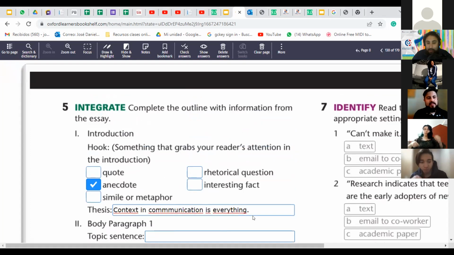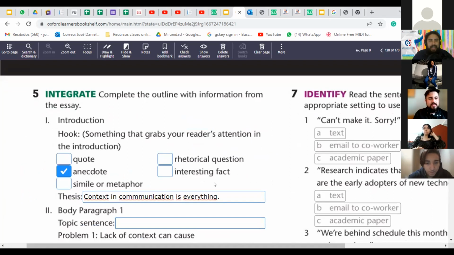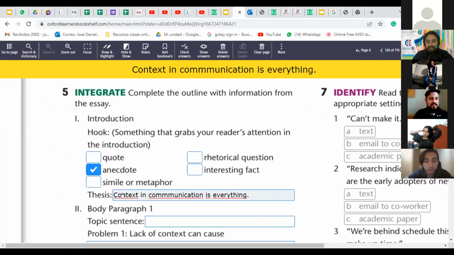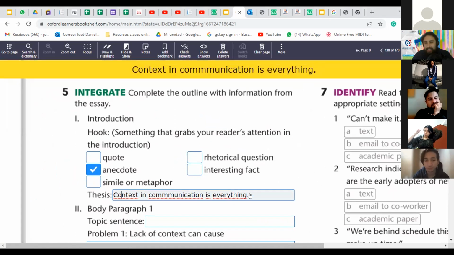I mean, remember that the thesis, though, is like the most important, kind of like the summary of the whole essay. Is the whole essay only talking about how context in communication is very important? Is that it? I would agree that this idea is very important, but I don't think that's actually the thesis.